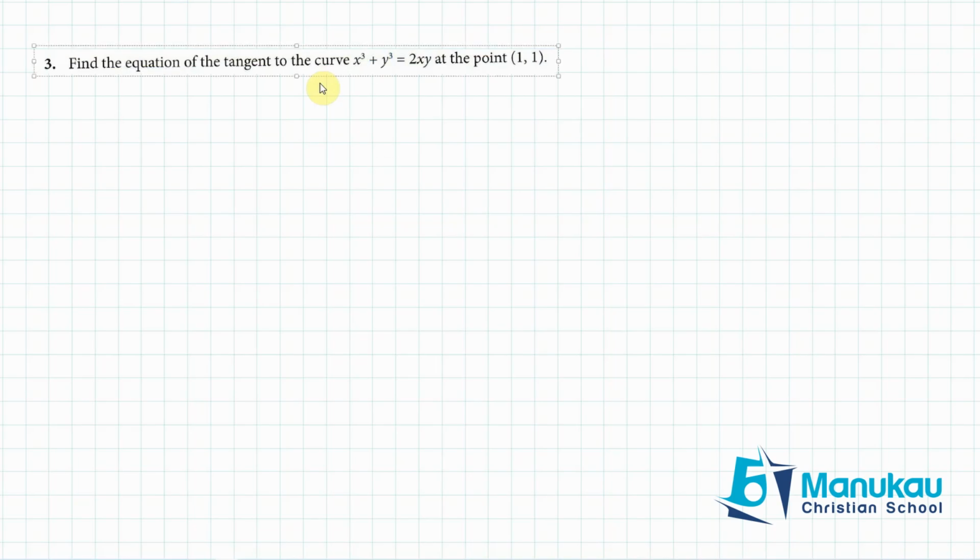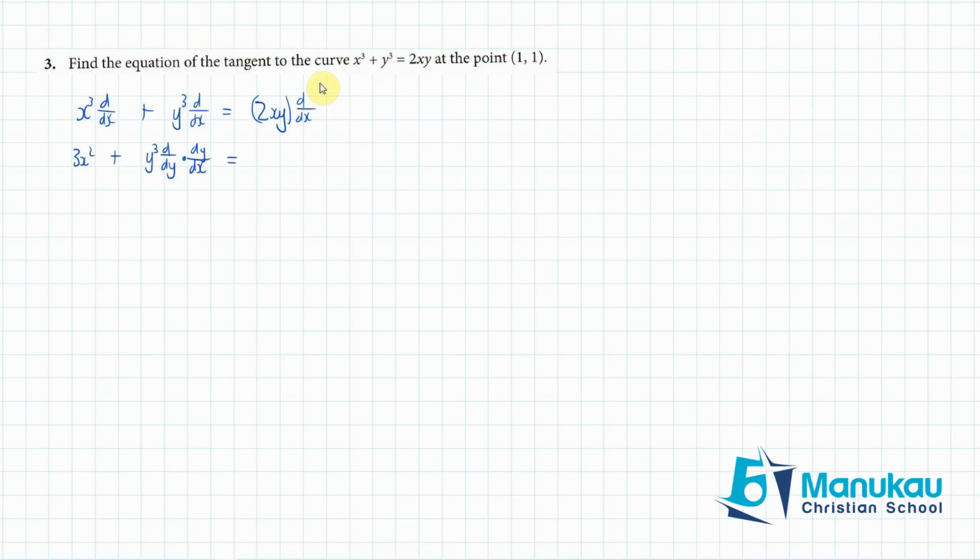So I'm going to differentiate everything with respect to x first, like so. And I hope you've already noticed that we're going to need to use the product rule on the right hand side. Next line, easy peasy, 3x squared plus, now this y cubed term, we're going to go y cubed, and we're going to differentiate with respect to y, but then times it by dy/dx.